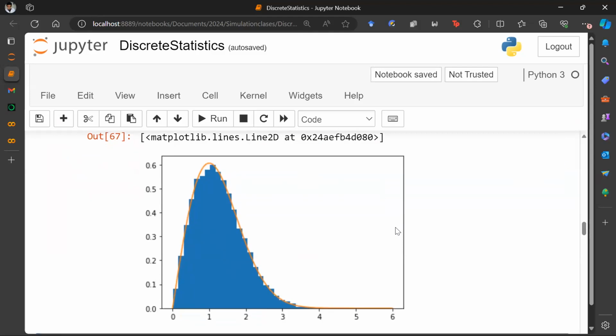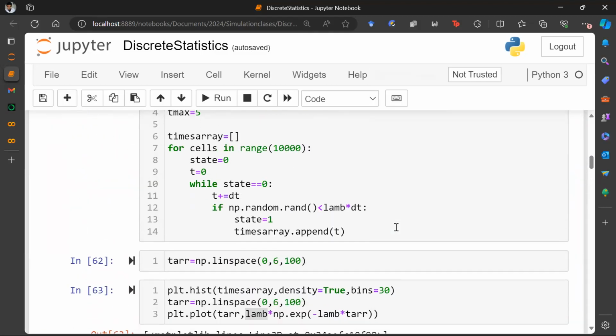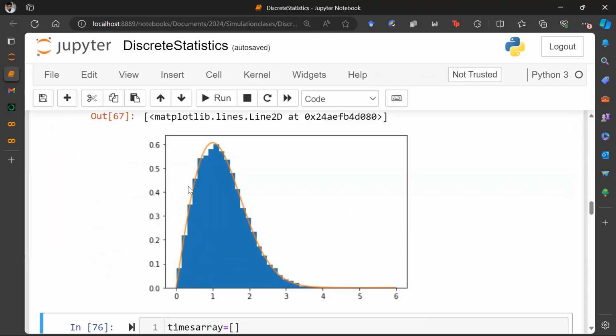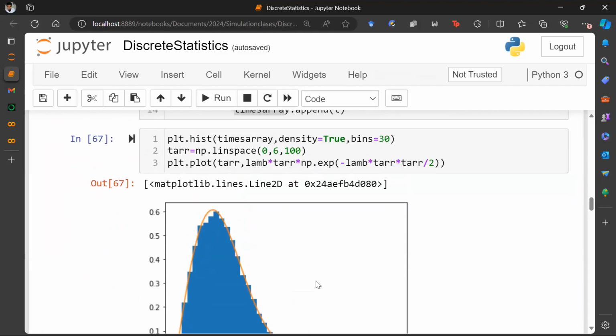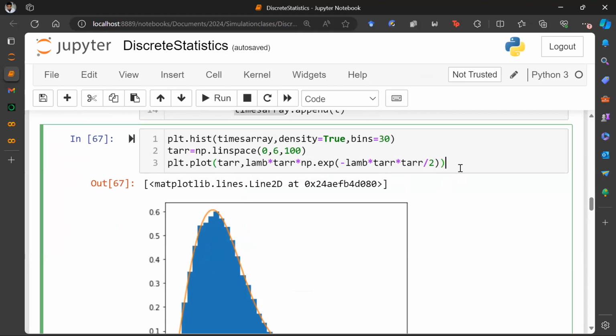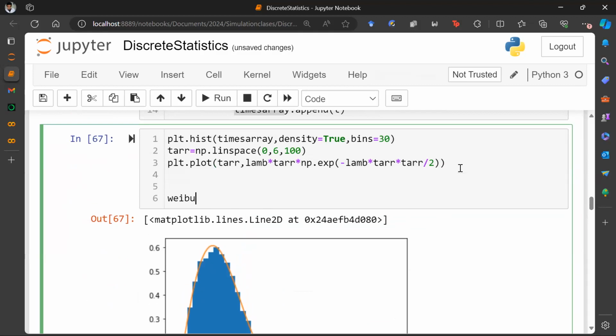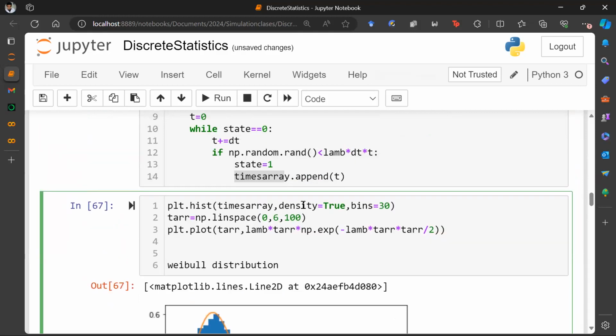Okay, so in this case, your distribution is not exponential anymore, but this bell-shaped function that usually is called the Weibull distribution. And this Weibull distribution has a parameter, it doesn't have to be t, but it can be any power of t.